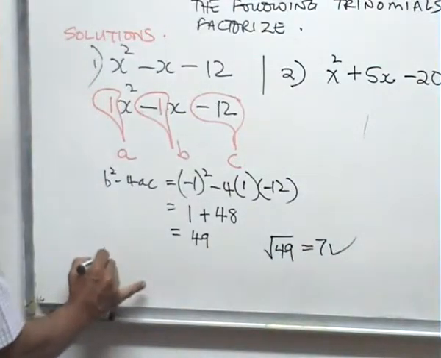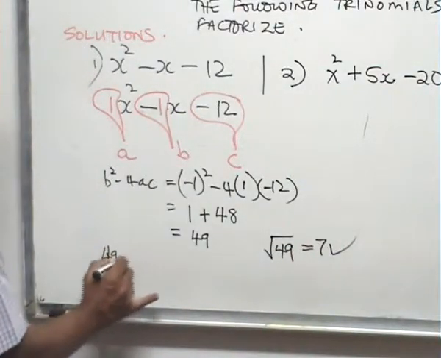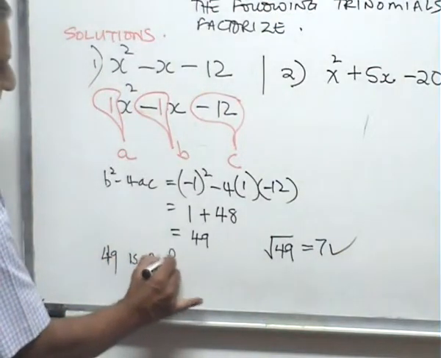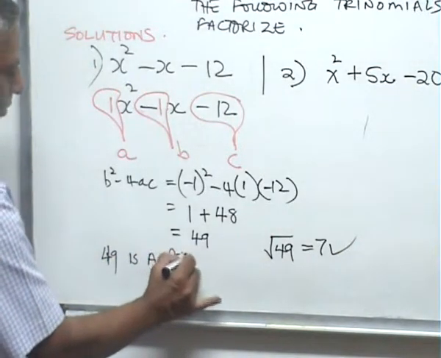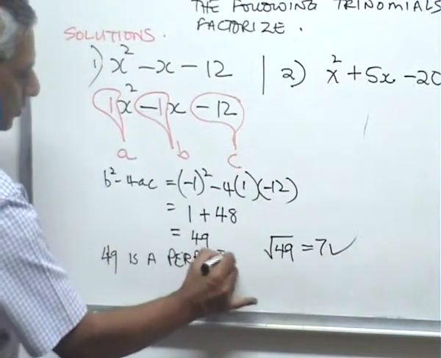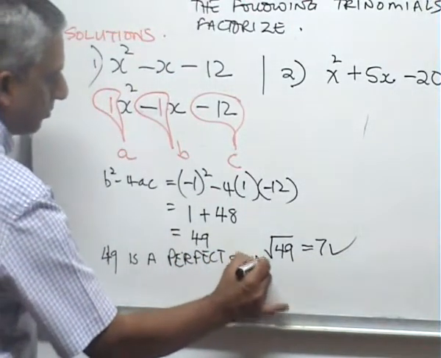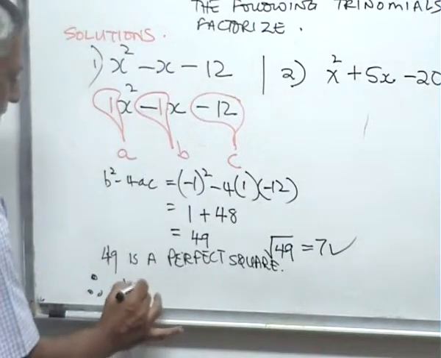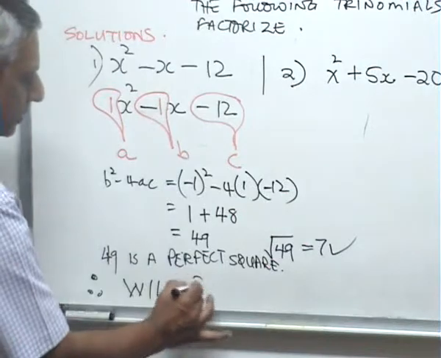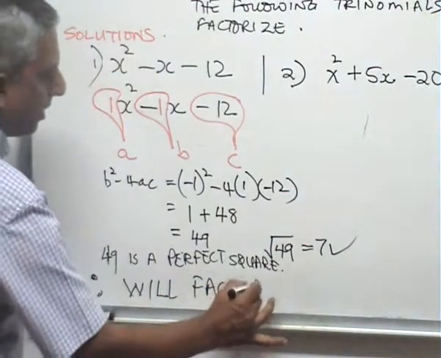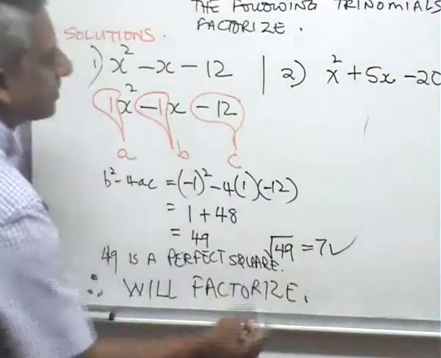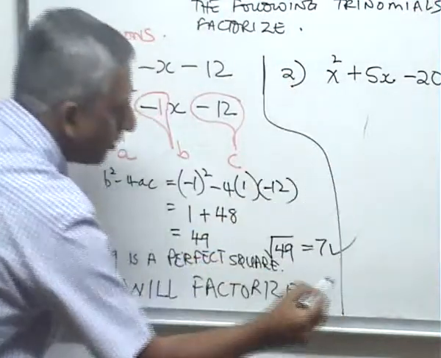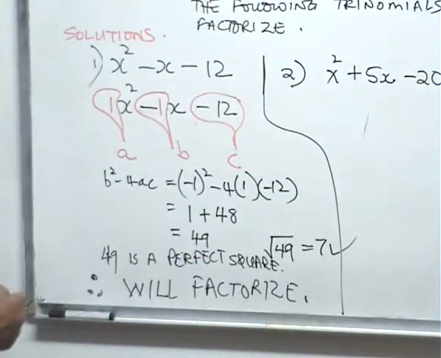So 49 is a perfect square. Therefore, this trinomial will factorize. Okay, so that's number 1.